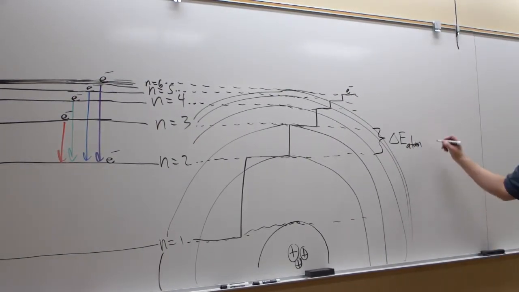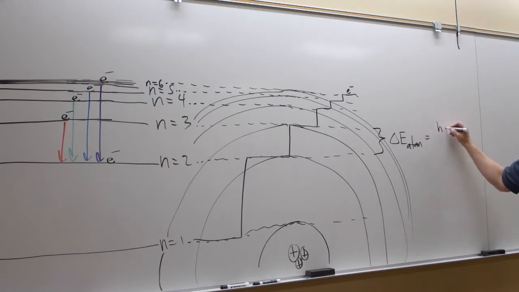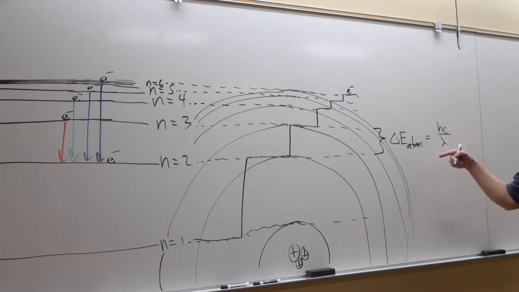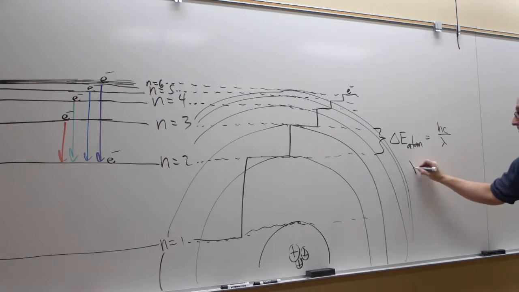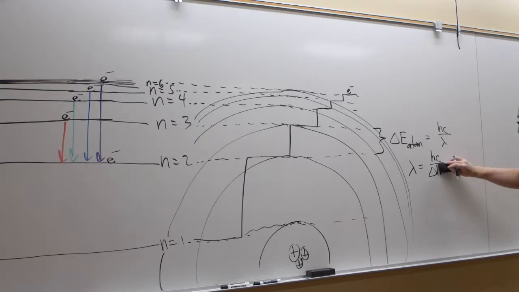That's equal to hc over lambda. If I want to solve for the wavelength coming off of this atom, it's hc over delta E atom. Make sense? I'm just doing some algebra.